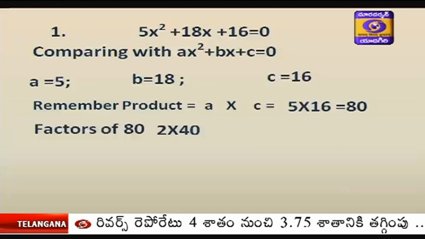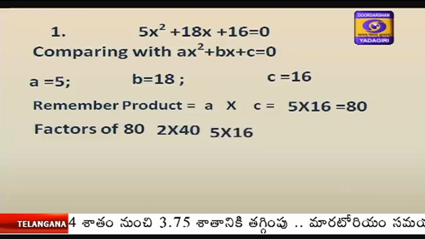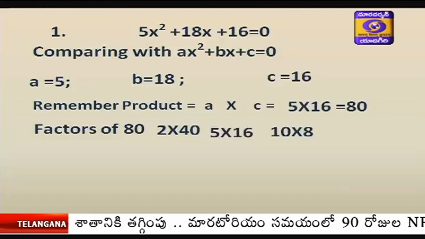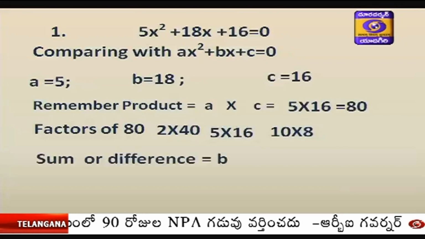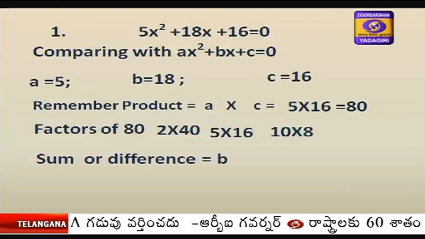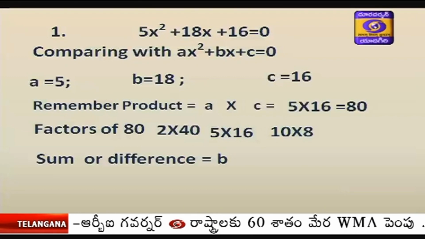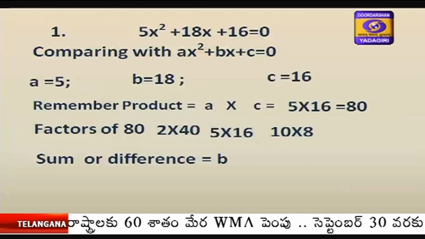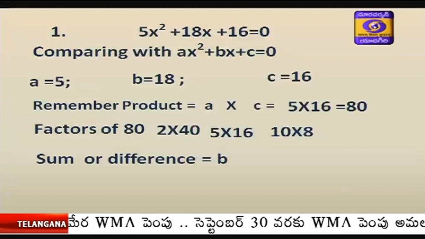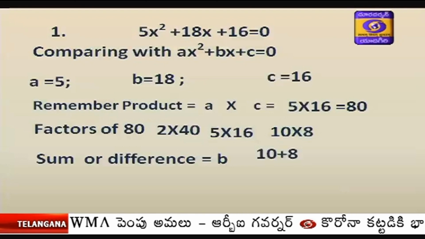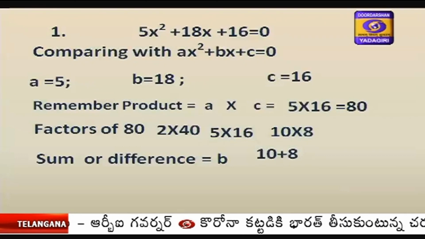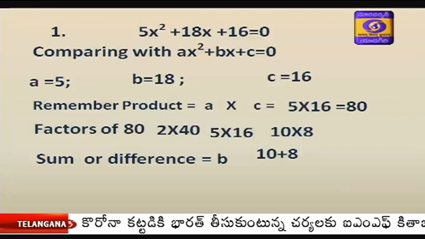Factors of 80 are 2 into 40, 5 into 16, 10 into 8. Therefore, which of the 3 factors do we have to consider as sum or difference? See, the one which gives us the coefficient of x. I am taking 10 into 8 as 80, and 10 plus 8 is equal to b.